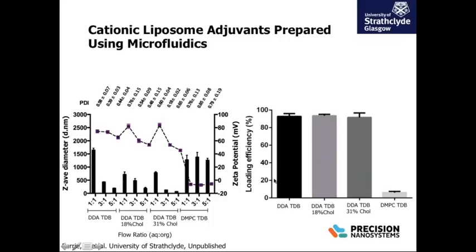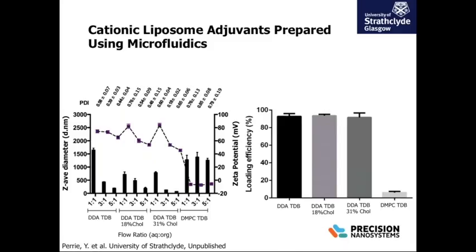And you can see here that the loading efficiency of the liposomes that all contained the cationic DDA was very good, which makes sense because the negatively charged protein interacts with the cationically charged lipid, whereas the control liposome with the neutral lipid had a very low loading efficiency of the protein.